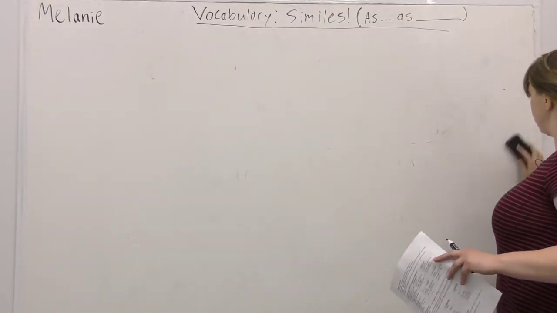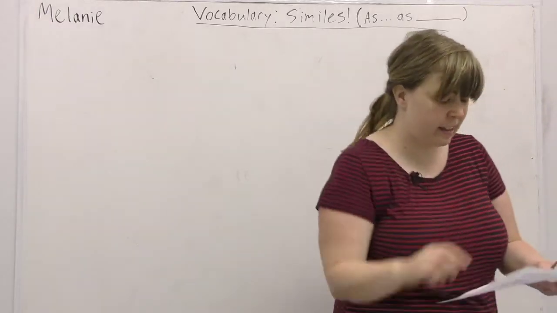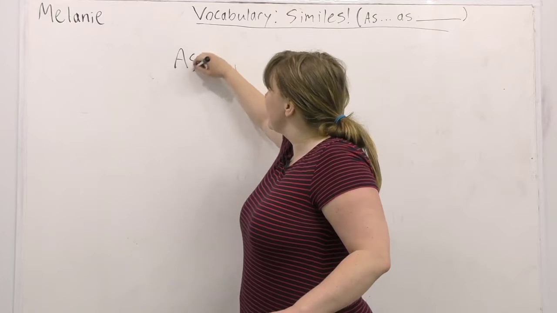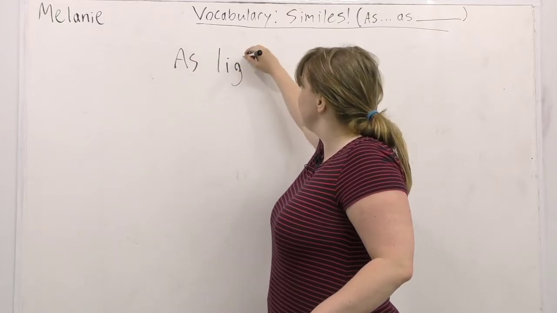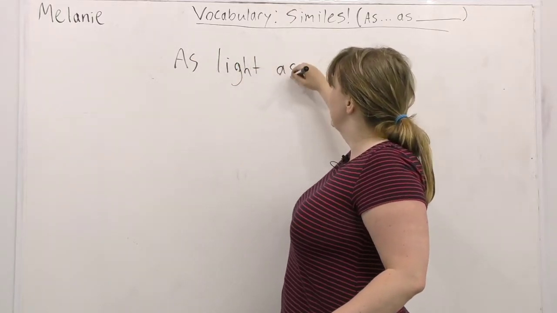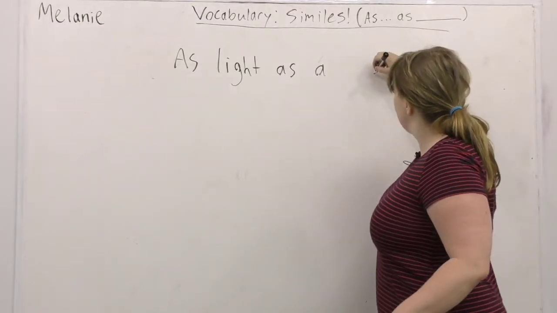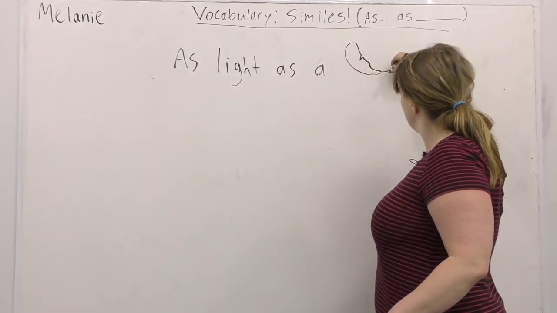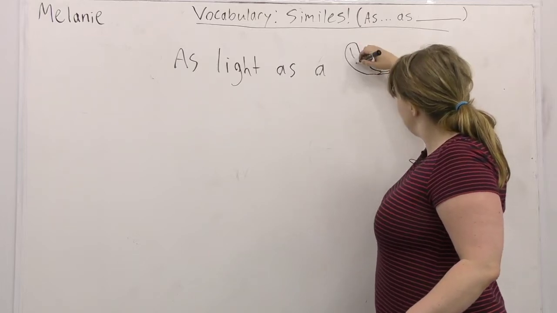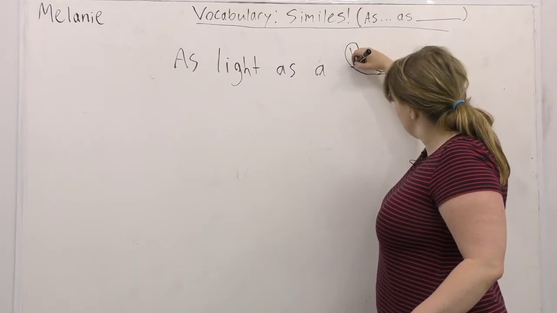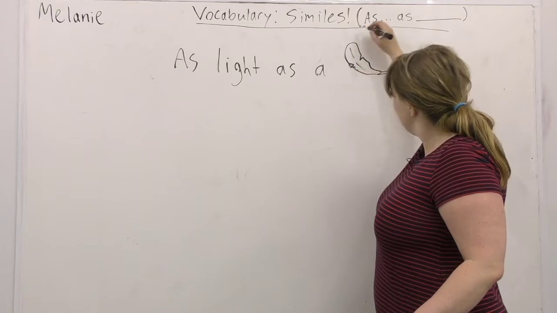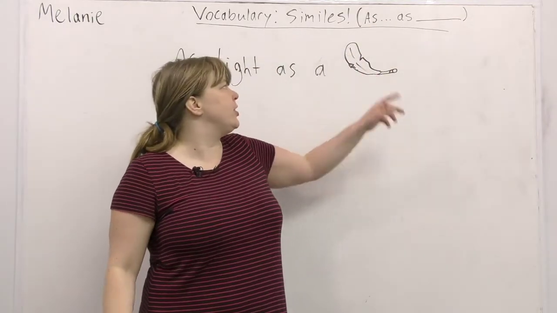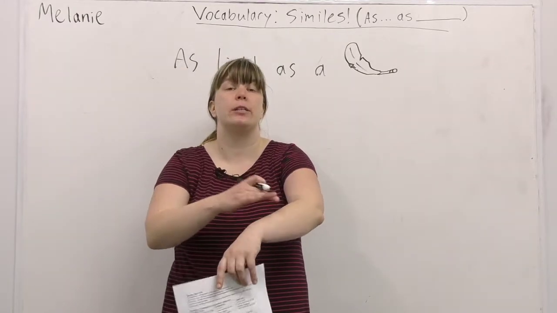Okay. So, what else? Oh yes. As light as a, okay. Let's see if you can guess what this is. This is not the best drawing, but this is something you find from a bird.